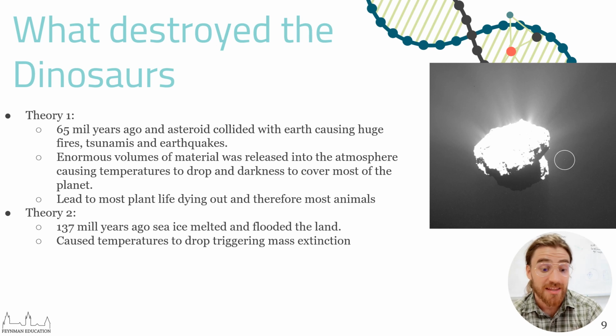And then theory 2 was that the ice would have melted and flooded the majority of the world, which would have killed many species. The same thing is happening today. So when it comes to the glaciers melting, we are returning back to a time where the sea levels were that high. Those glaciers haven't always been there. They came there during the Ice Age.